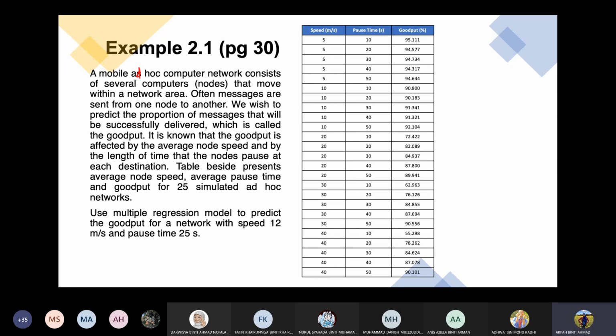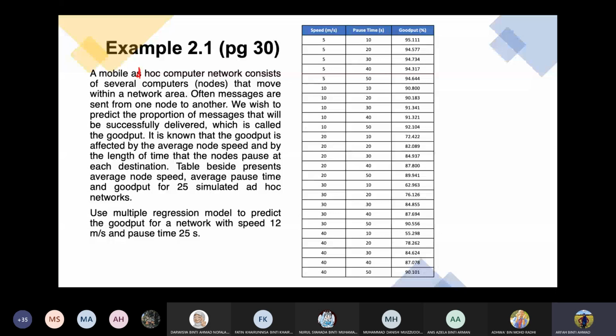Table beside present average node speed, average pass time, and good put for 25 simulated ad hoc networks. So use multiple regression model to predict the good put for a network with speed 12 and pass time 25 seconds. Did you understand what the question wants?